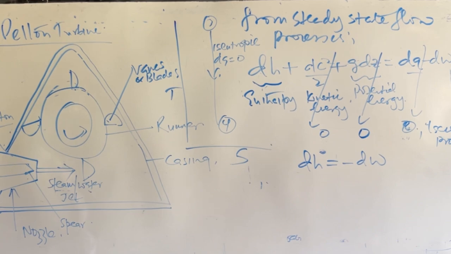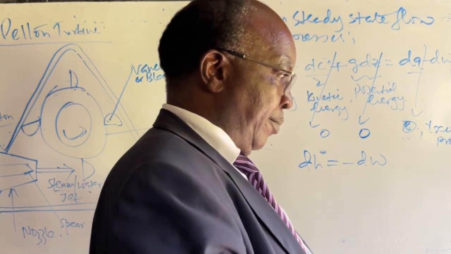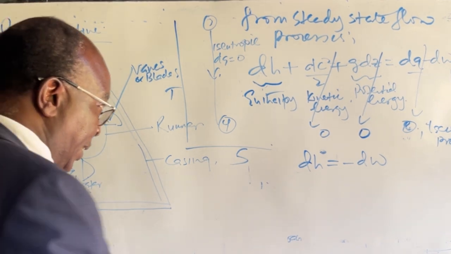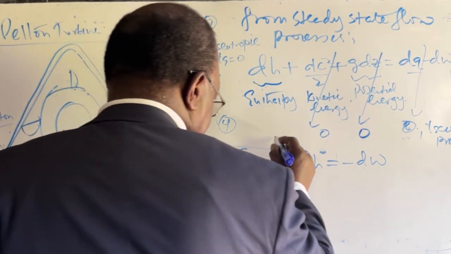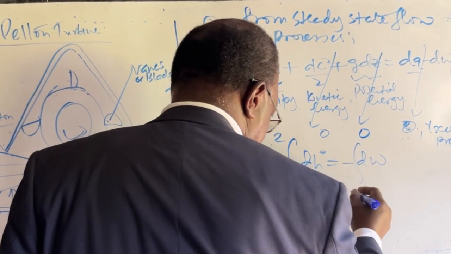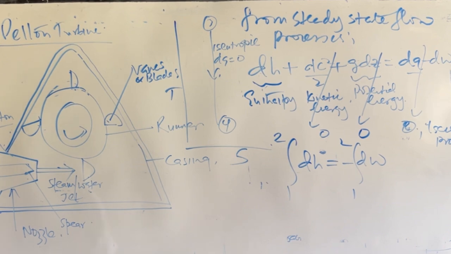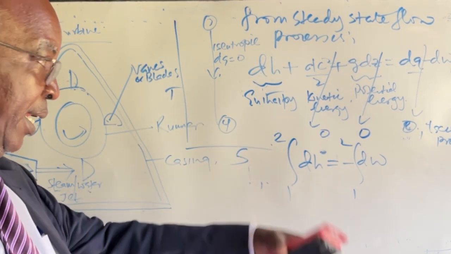And so when we are talking of the steam being injected into the turbine, let us call that the entry, and then at the exit, we similarly have 1, 2. It's work done as the steam enters the turbine and leaves the turbine.